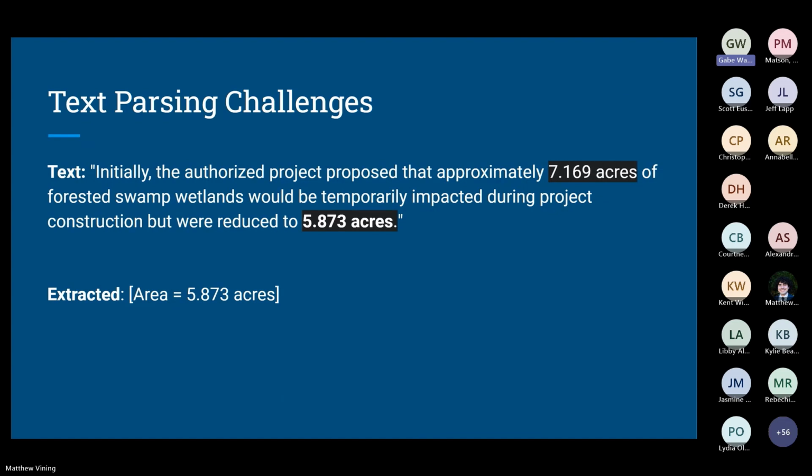So this highlights there are two quantitative numbers here, both of which contain acres, both of which are tied to forested swamp wetlands, but that modifier "but" at the end indicates, no, we actually want to pull that 5.873 rather than that 7.169. Might be a small difference, but when we're aggregating across all of the projects, it definitely can be significant in terms of the accuracy and scale of the information.